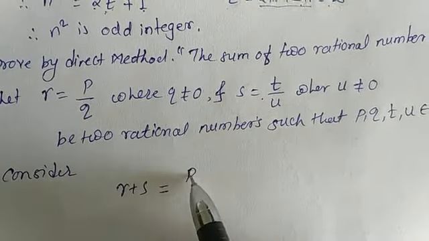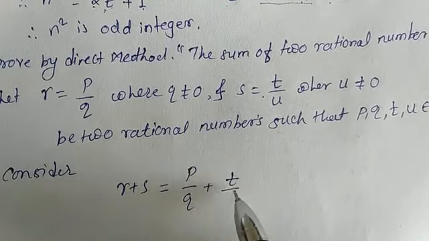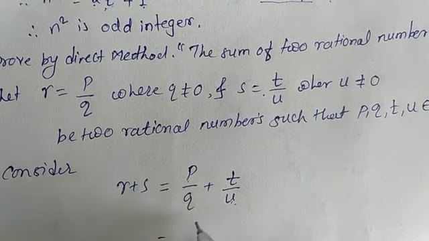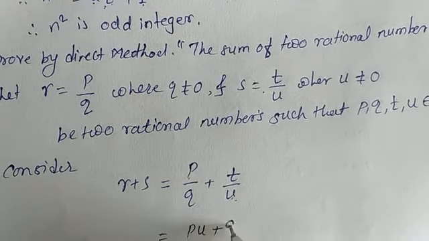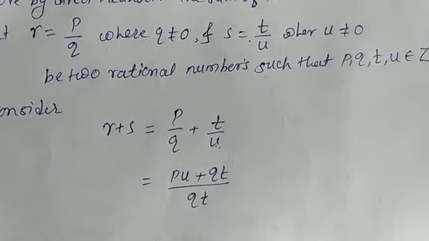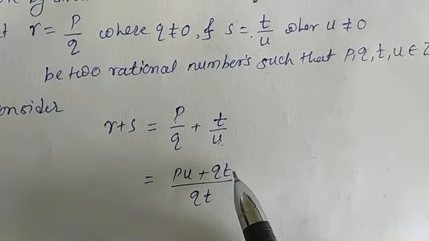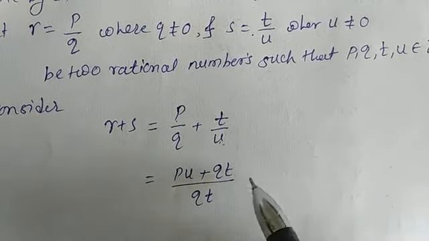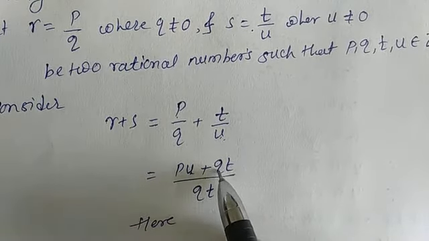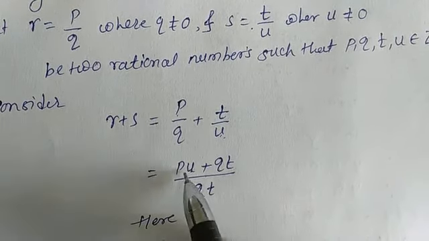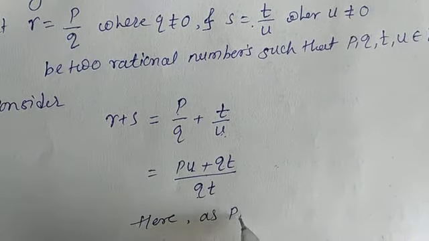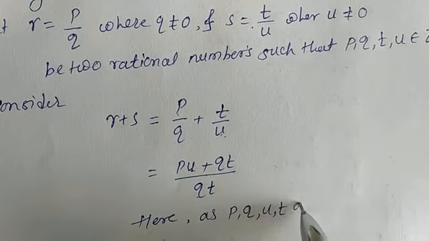So it is P upon Q plus T upon U. We make the LCM, so we do cross multiplication: P into U plus Q into T, divided by Q into U. Here P U plus Q T is an integer, because multiplication of integers is an integer and addition of integers is again an integer, as P, Q, U, T are all integers.